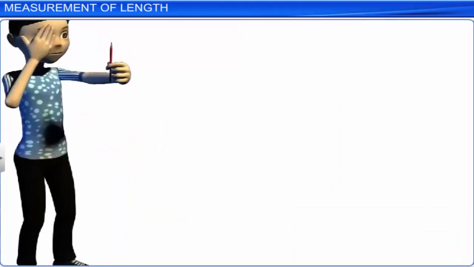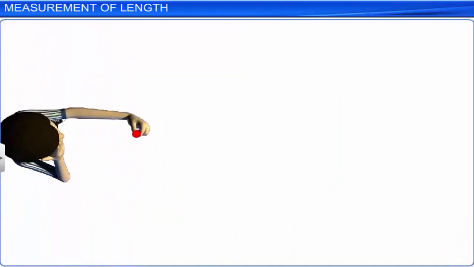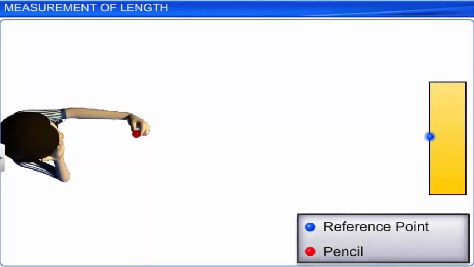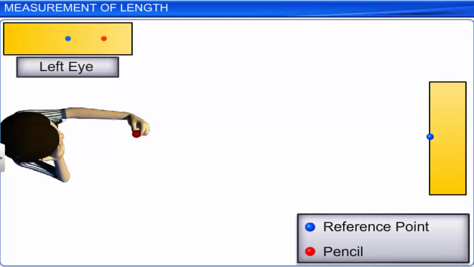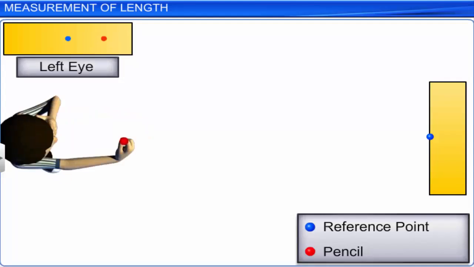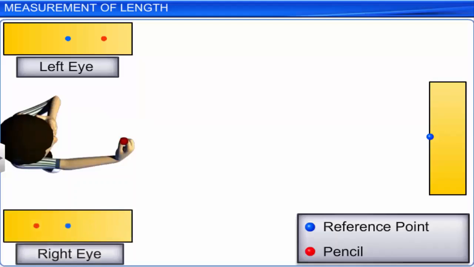If you look at a pencil held in front of your eyes against a fixed reference point on a plain wall, with your left eye closing your right eye, and then with your right eye closing your left eye, you observe that the position of the pencil seems to change with respect to the fixed reference point on the wall.